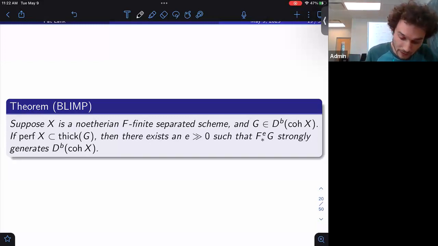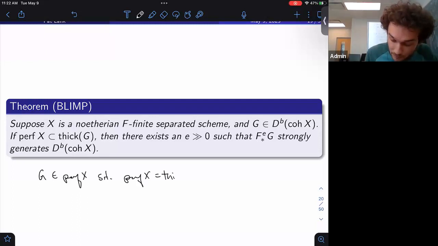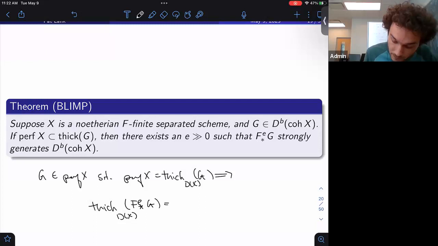So for instance, if I have G inside Perf X such that Perf X is actually the thick subcategory of G, then what this says is that I can push forward sufficiently many times this object by the Frobenius. And this gives me a strong generator for D^b coh.